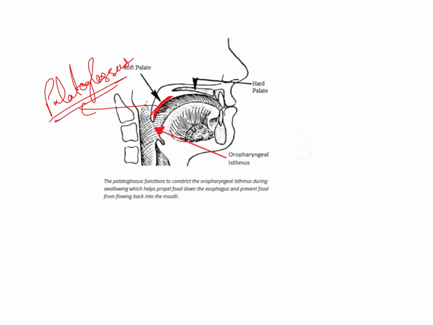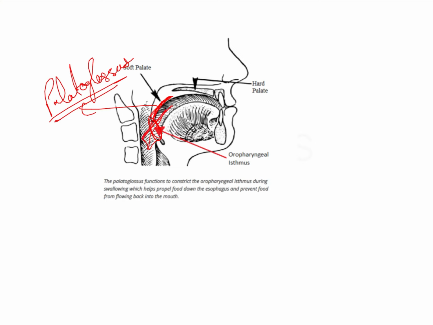Now what happens due to the palatoglossal muscle, this particular area is called the oropharyngeal isthmus and we want to make it narrow so that there will be constriction of the oropharyngeal isthmus. This generally happens during the swallowing of food, which helps in propelling the food inside the esophagus and prevents the outflow of the food back to the oral cavity, right?